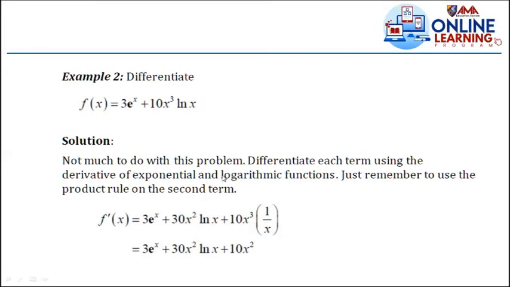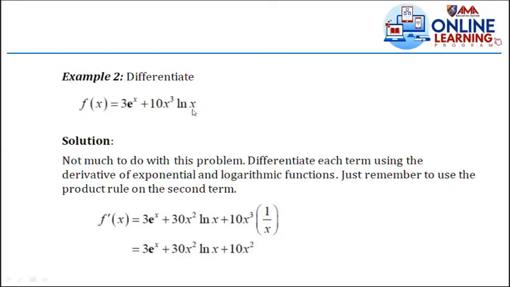So our next problem is our second term, 10x cubed ln x, which means your 10x cubed, that is our u. Ln x, this is our v. So we have u multiplied by v.